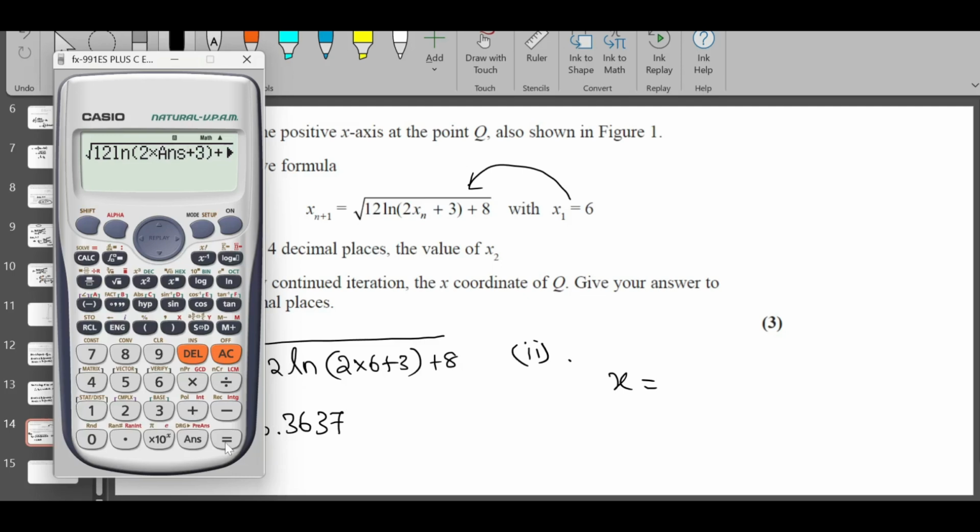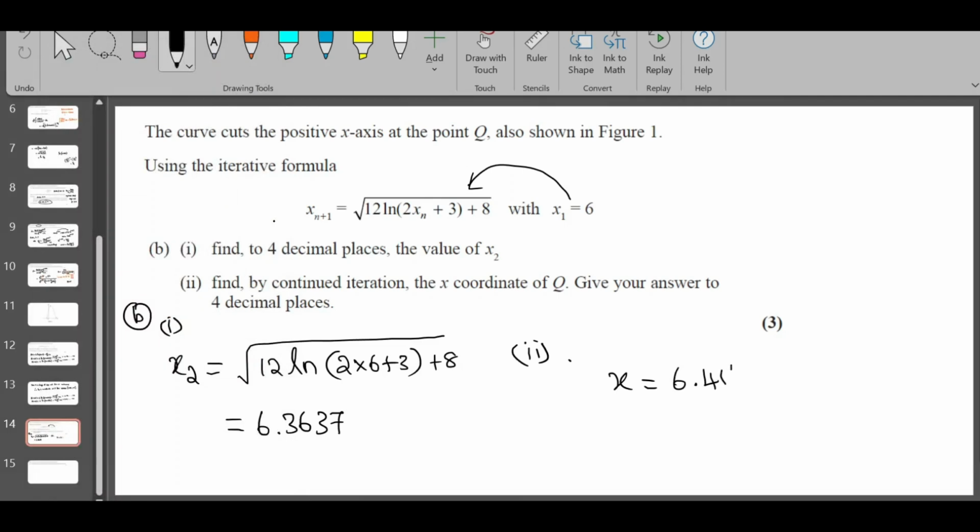All I need to do is just keep on pressing the equal sign and look at the decimal numbers, how it changes. Okay, this is going to be x3, x4, x5, x6, x7, it got stuck at 4 decimal places. So 6.4142 is the answer. That's all.